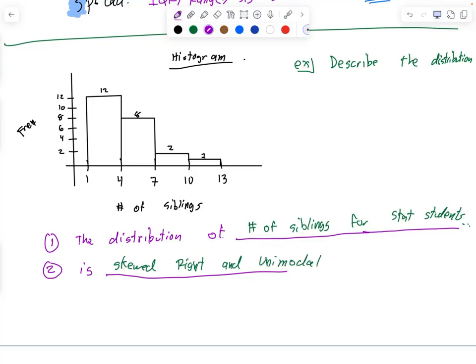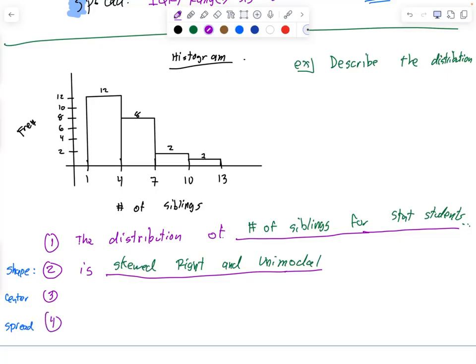The typical student has about how many siblings? Not 4, but somewhere in there, right? So that's 1 to 3 siblings, because remember, this is 1 to 3.